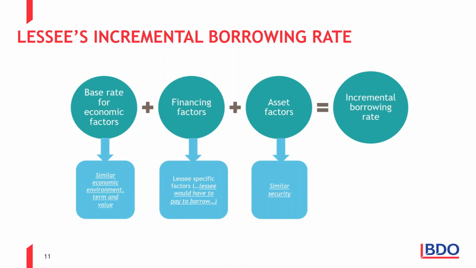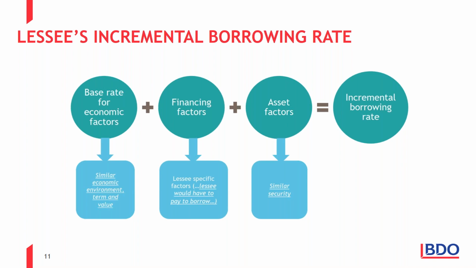And we're saying, when we come up with a lessee's incremental borrowing rate, we usually start with a base rate where we look at a base rate for economic factors. So we look at a similar economic environment, term, and value. And then we make adjustments for financing factors, so lessee specific factors. Remember, it's the lessee's incremental borrowing rate.